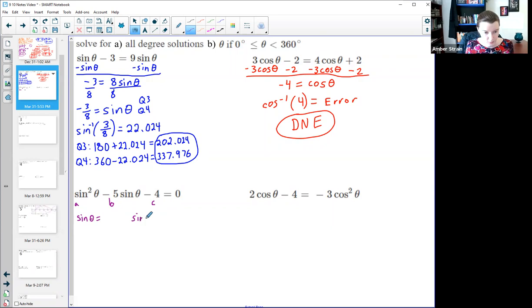And then just like the red one we just did a second ago that says that we cannot take a cosine and get an answer above 1, this answer of 5.7 is out, okay, because it's greater than 1. So I know he's out. I don't worry about him. He's greater than 1. That would just give me an error. I know it right away. I don't have to punch it in.